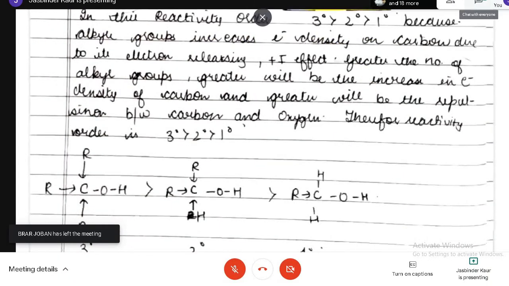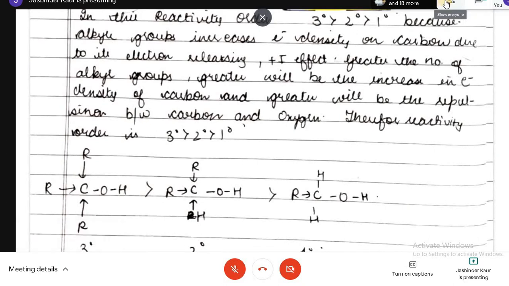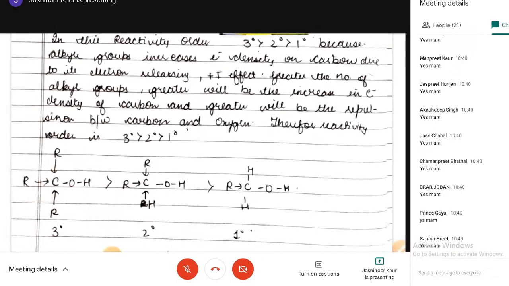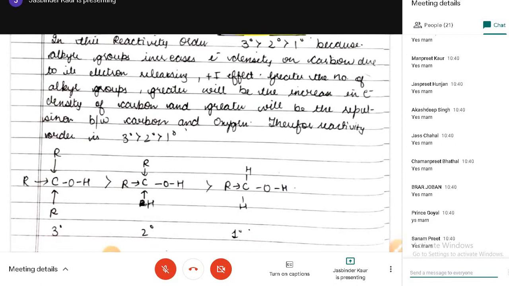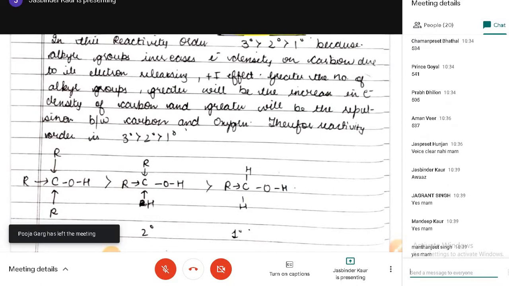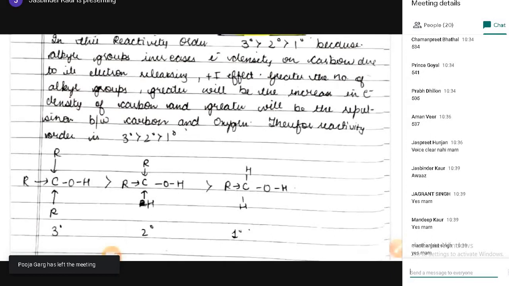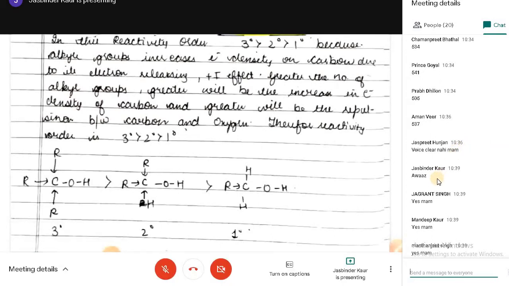These alkyl groups increase the electron density on the carbon atom. So carbon becomes slightly negatively charged. Oxygen is also electronegative, so it also has negative charge. So there is repulsion between them, and this bond breaks easily. But in secondary, only 2 alkyl groups are present, so the repulsion between carbon and oxygen decreases as compared to tertiary.